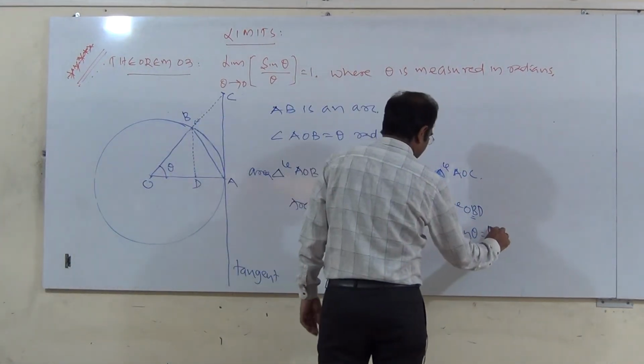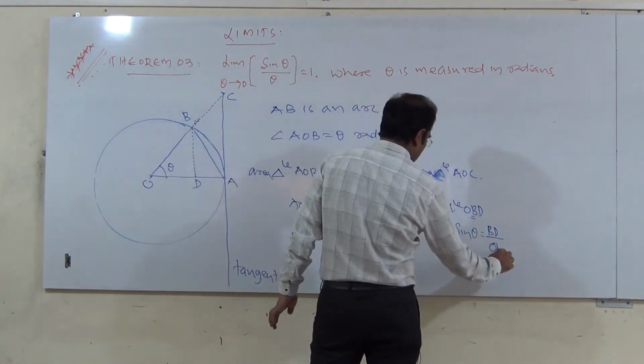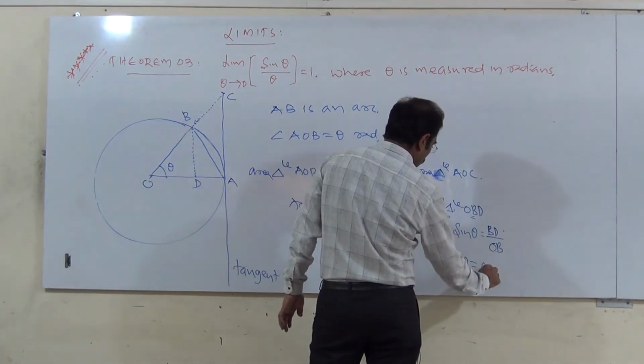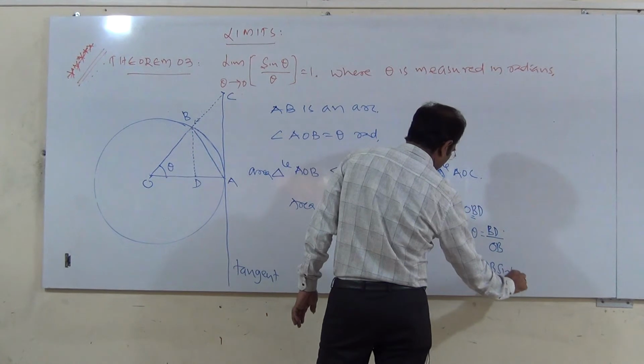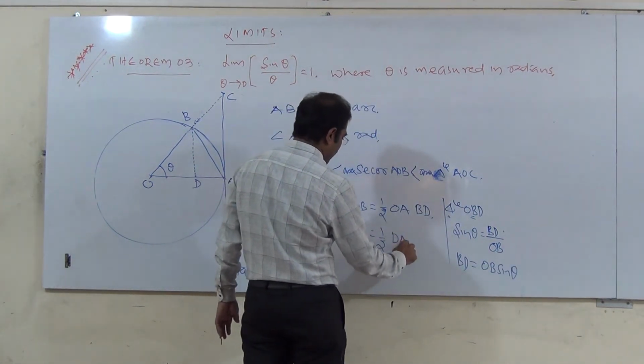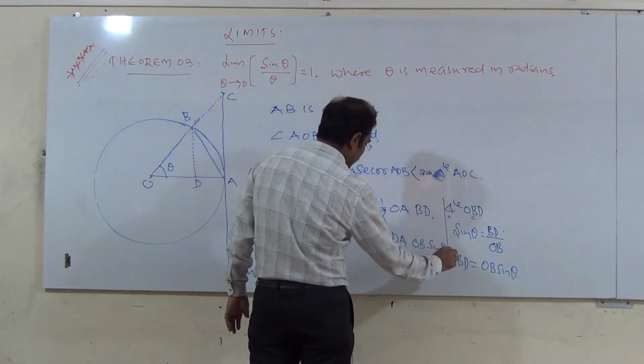Opposite side is BD, hypotenuse is OB. Therefore, BD is equal to OB into sine of theta. Therefore, 1 by 2 OA into BD, that is OB into sine of theta.